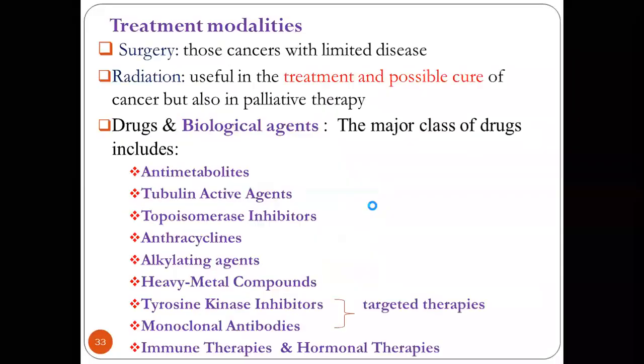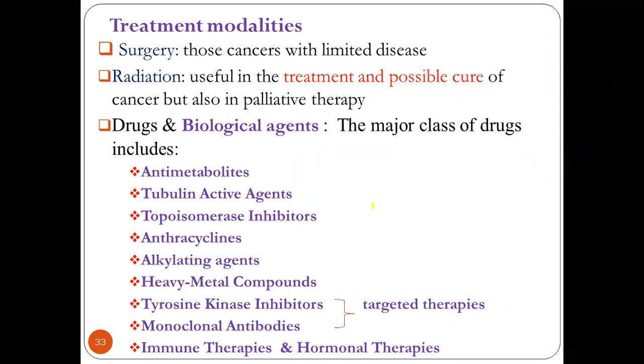When you see the classification, drugs and biological agents. So you know those targeted therapies. What we say chemotherapy is antimetabolite, the poison, anthracycline, alkylating, heavy metal compounds. Those targeted therapies are biological molecules.